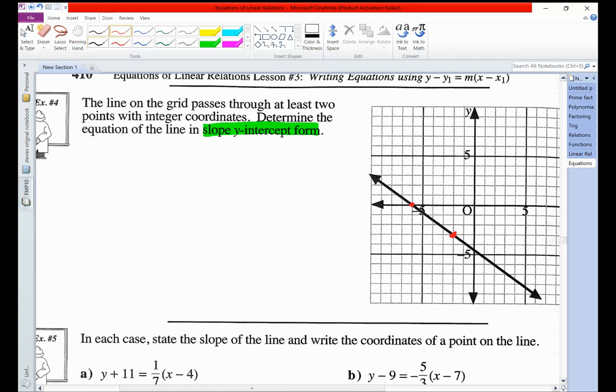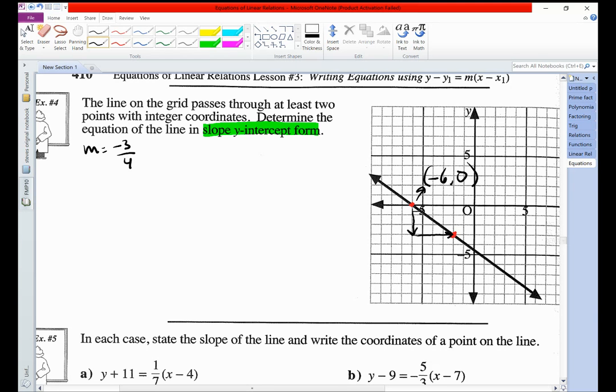So the first thing I want to do is find my slope. Well, it's going to go down negative 1, 2, 3 over my run is 1, 2, 3, 4. So negative 3 over 4. I have 2 points on the line here that I can use, right? This one is negative 6, 0.